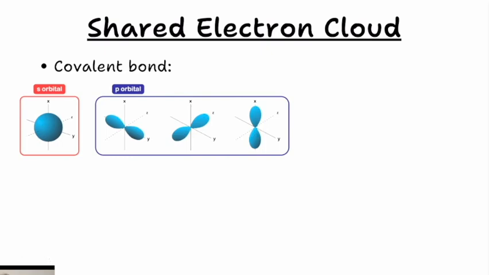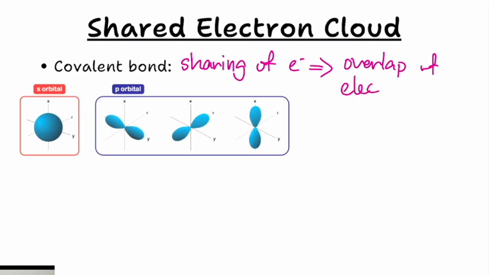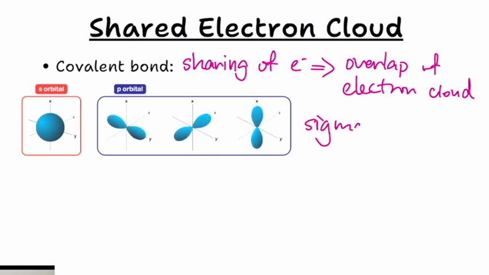Depending on the type of sharing, we can classify the covalent bond into pi bonds and sigma bonds. A covalent bond is sharing of electrons, which is basically overlap of electron clouds. And as I said, a sigma bond and pi bond. Okay, so sigma bond.